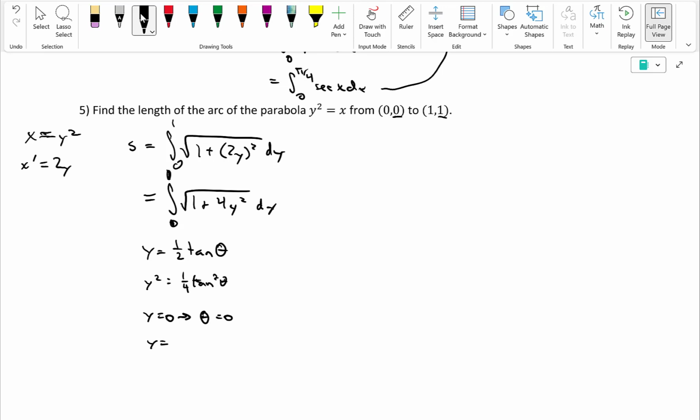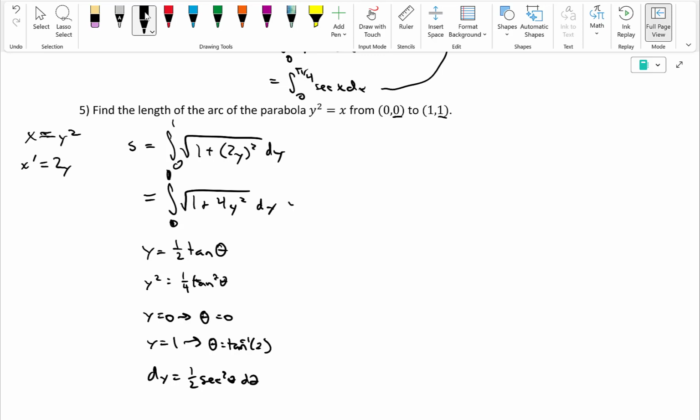And then if y equals 1, we'd have, multiplying the 2 over, 2 equals tan theta, or theta equals tan inverse of 2. And last thing we'd need would be dy. So dy is going to be 1/2 secant squared theta d theta.